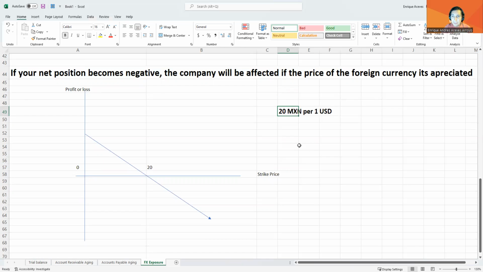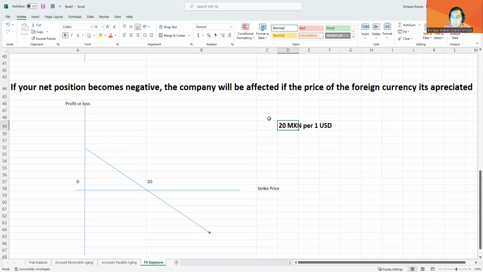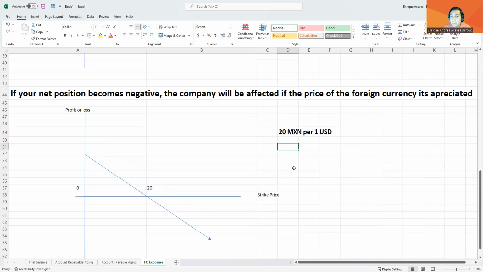On the other side, if the foreign currency gets depreciated, you will win because you can go to the market with fewer pesos and buy $1, and you can pay your suppliers compared to maybe the exchange rate that you had in the original operation.